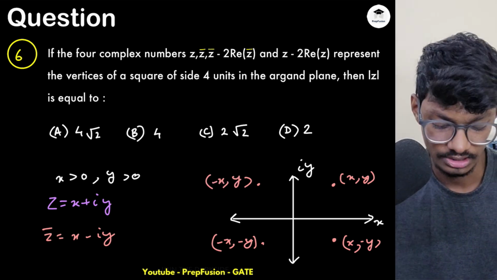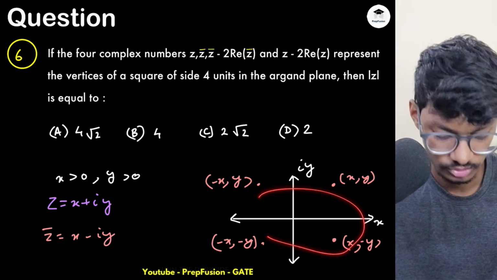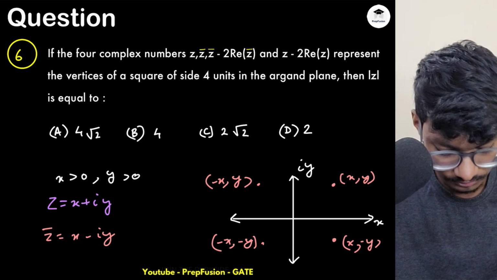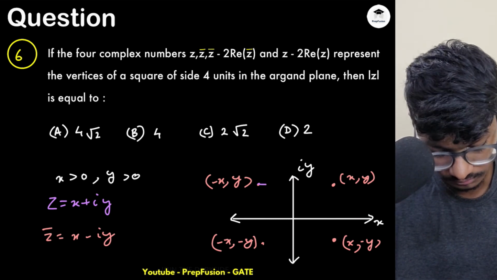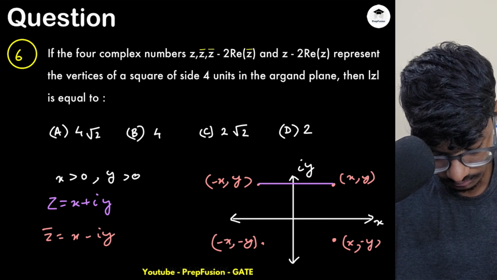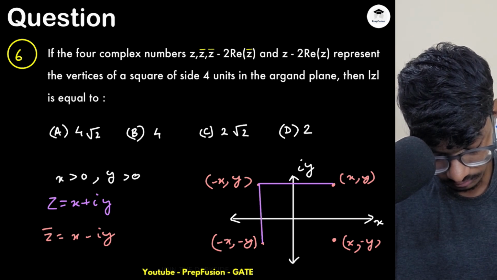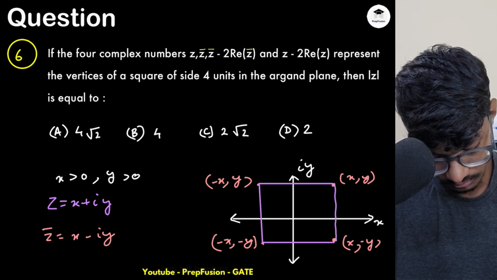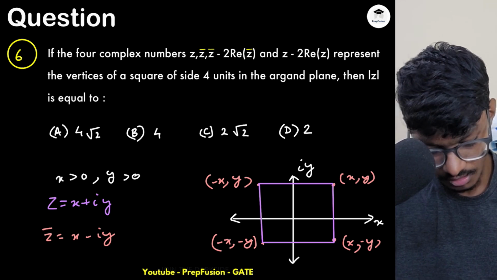Now what is important is these are vertices of a square, so the distance between all the vertices will be the same. So if I connect this, and this, and then this, what will be the distance?